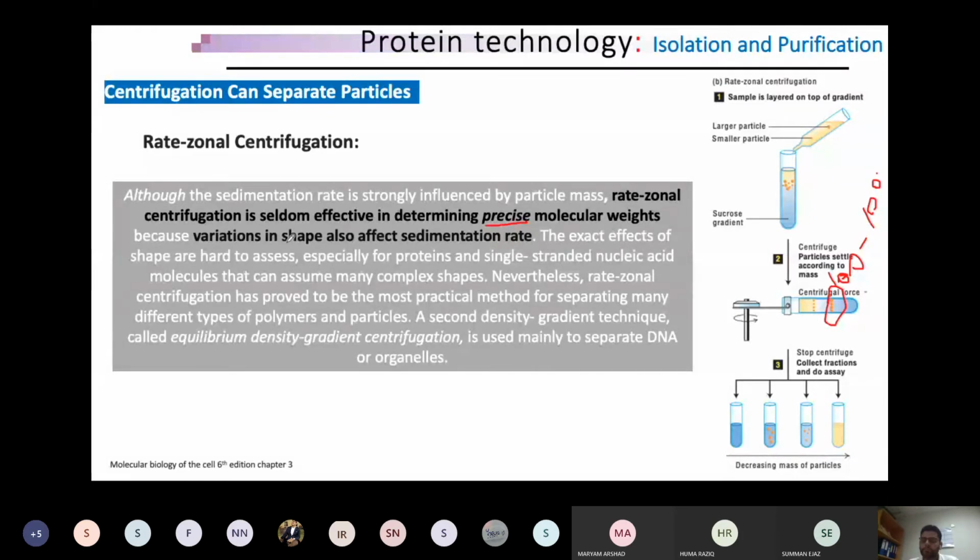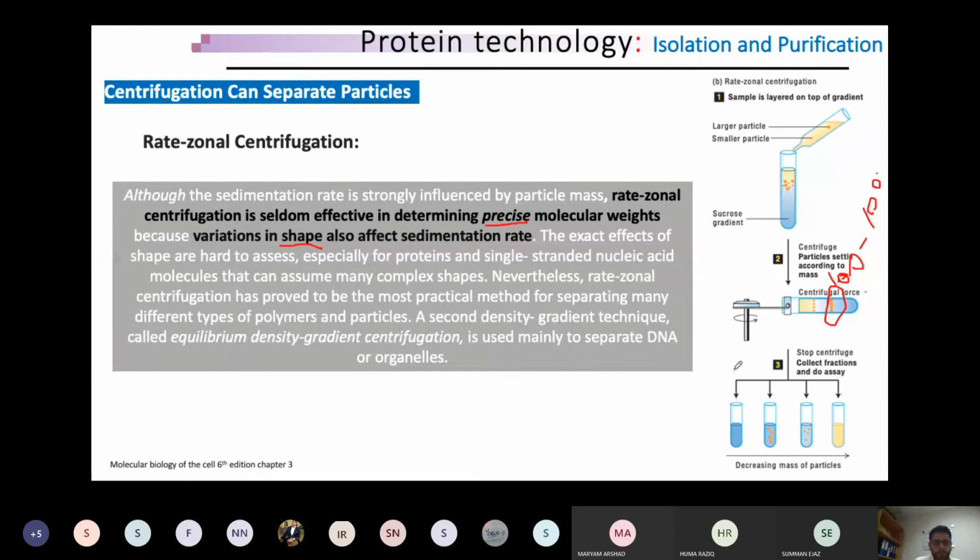So that means even if there are smaller protein molecules, they could become heavier because of their shape. So you cannot rule out this phenomenon of the shape. The shape could affect the sedimentation. So again, you will get a rough estimate, not a pinpoint estimate.